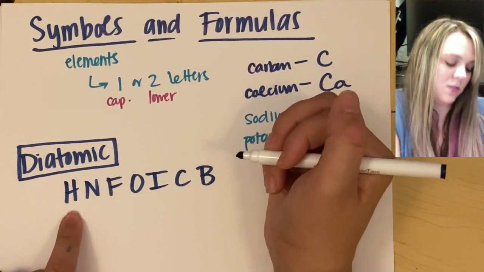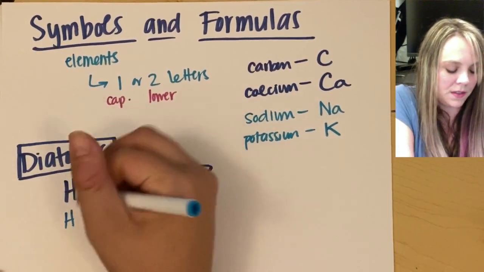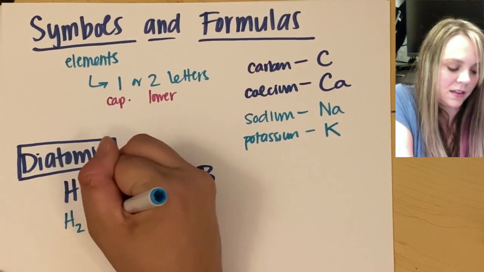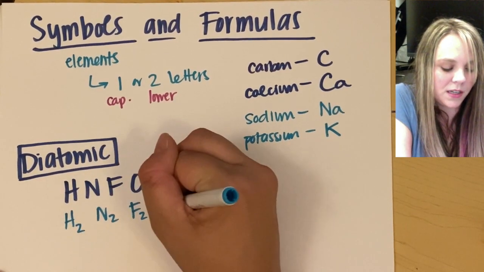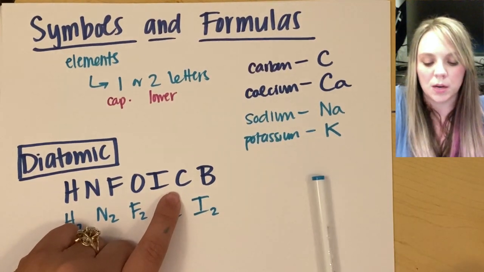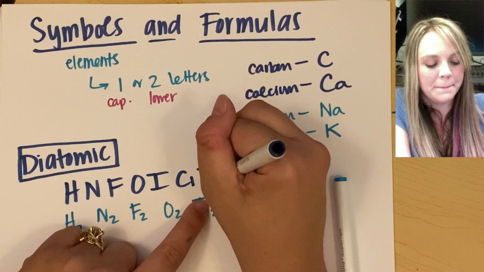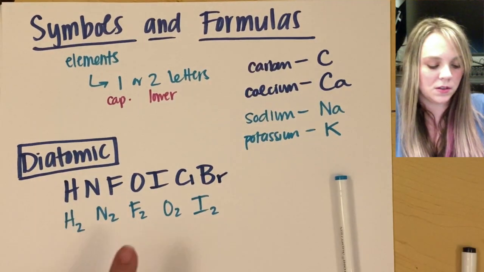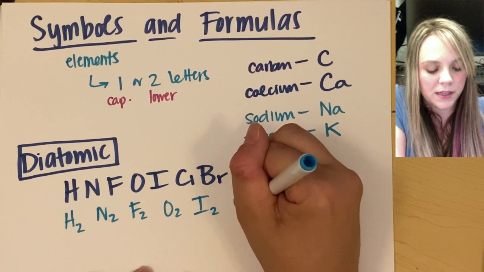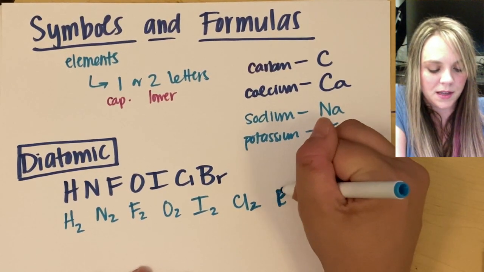All right, so H would be for hydrogen, N is nitrogen, F is fluorine, O is oxygen, I is iodine, C is not carbon, C is chlorine, so ice cold beer, okay? So the last 2 are going to be chlorine and, what kind of B is that?